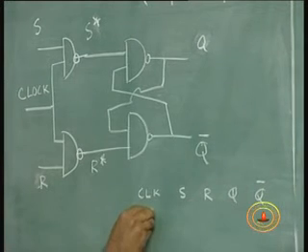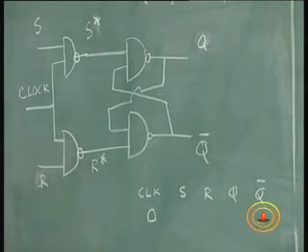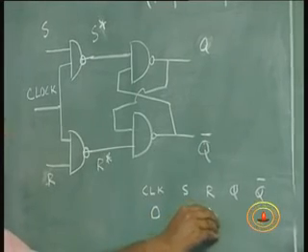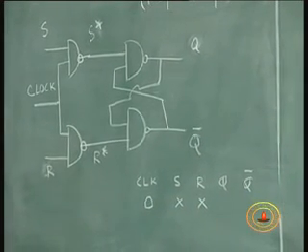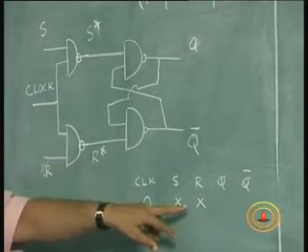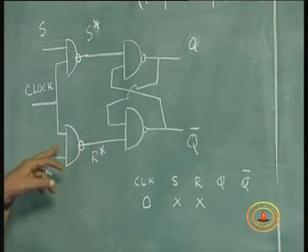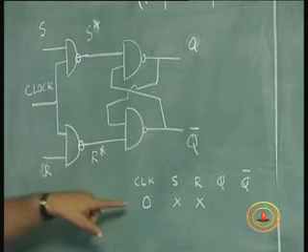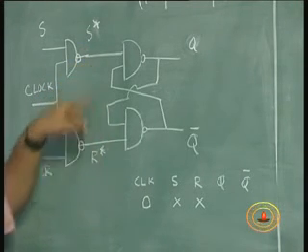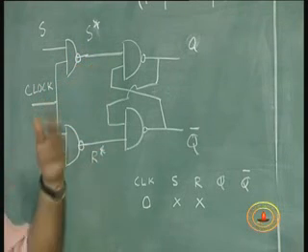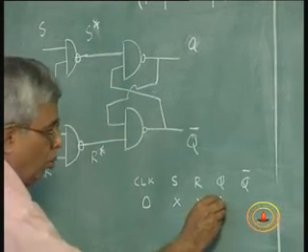If clock is 0 or disabled, whatever be the value of S and R, it is going to remain in the 1-1 state, right? In a NAND gate, if one of the inputs is a 0, the output is a 1. So the 1-1 state is a memory state, is it not? For this latch, the 1-1 state is a memory state.